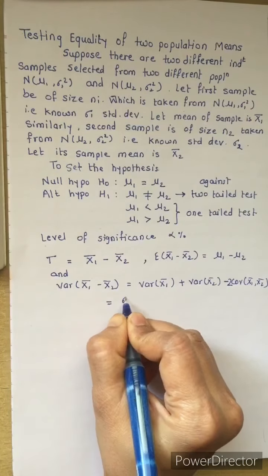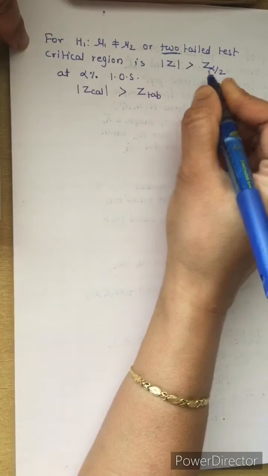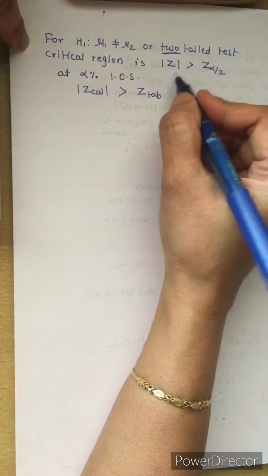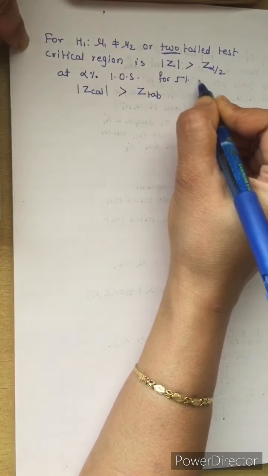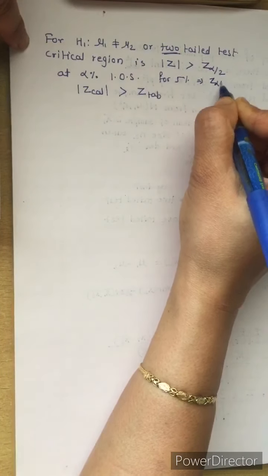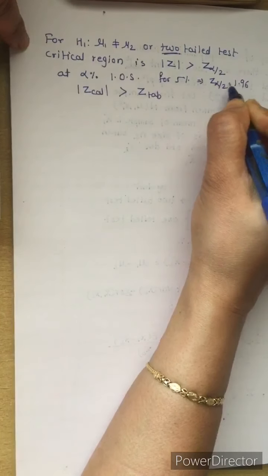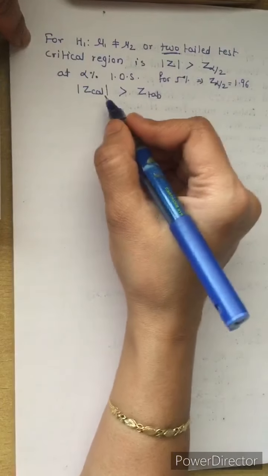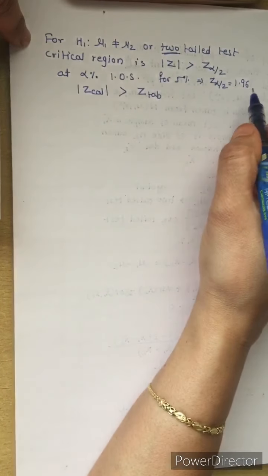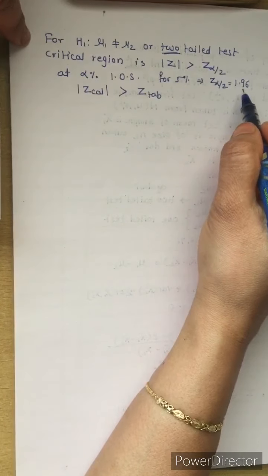What does it mean? It means if your calculated value, whatever you calculate by the formula, is greater than your tabulated value, the table value, like suppose for 5% z alpha by 2 is 1.96, so you compare your calculated value with 1.96.